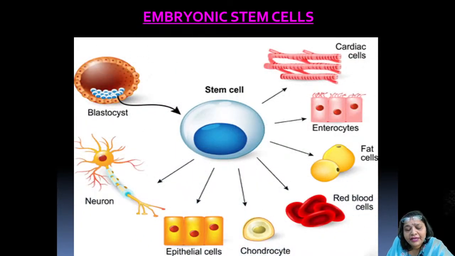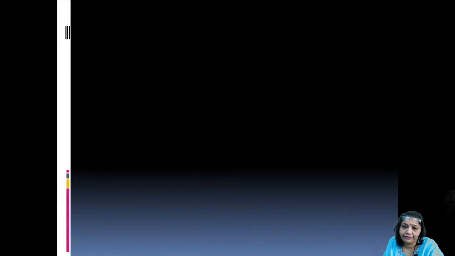The pluripotency of the stem cell can be used to develop into other types of cells, when the stem cell is collected from the blastocyst of the embryo. The embryonic stem cells are the parent cell for different types of cells, like the epithelial cells, the chondrocytes, the red blood cells, the fat cells, the enterocytes, the cardiac cells, the muscle cells, the neurons, and any other type.